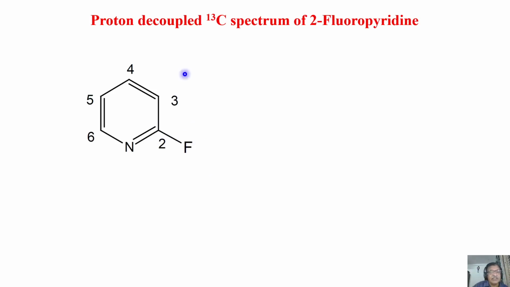So this has to be the largest coupling. Then it is 2-bond carbon fluorine, then 3-bond, then 4-bond. Depending upon how many bonds separate them, the coupling strength between carbon and fluorine decreases. Based on the coupling strength itself, we can make the assignment for each carbon.